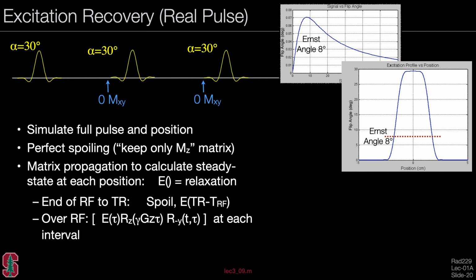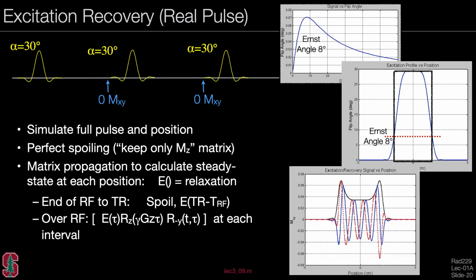So now we can plot the flip angle as a function of position for that RF pulse here. And we show the Ernst angle here, and notice that we're trying to get a 30-degree flip angle, so this is actually much higher than the Ernst angle. So we can actually look at the width of this, and then we can actually look at what the result of the simulation is.